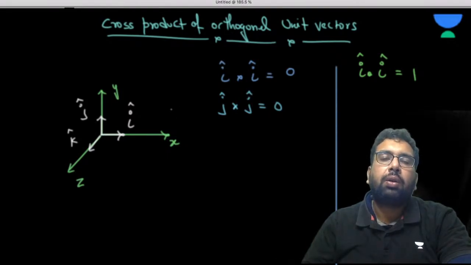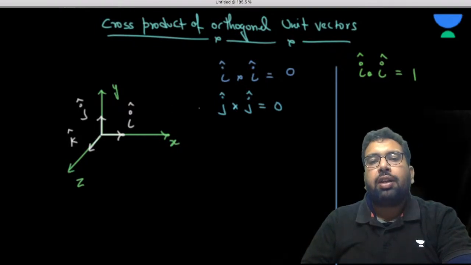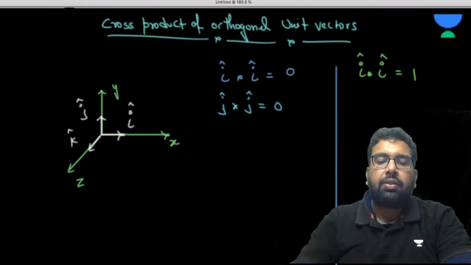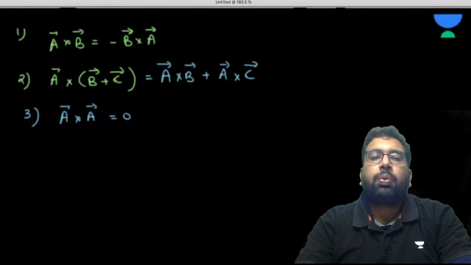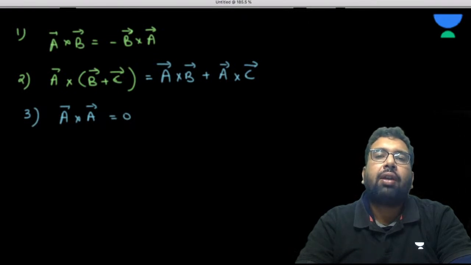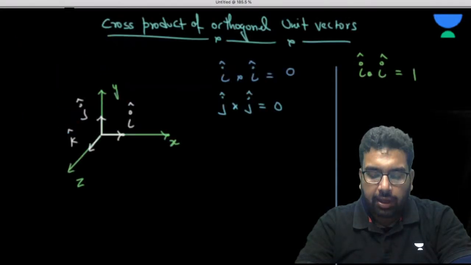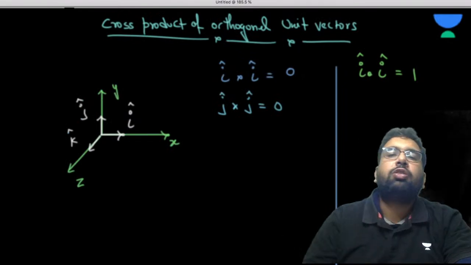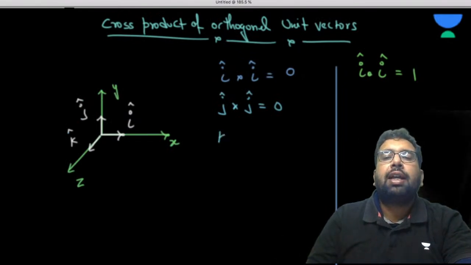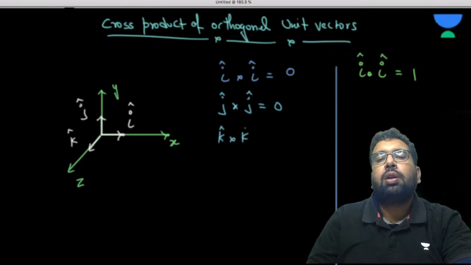We learned the properties of cross products: if a vector is cross product with itself, it leads to 0. In the same way, i cap cross i cap is 0, j cap cross j cap is equal to 0, k cap cross k cap is equal to 0.